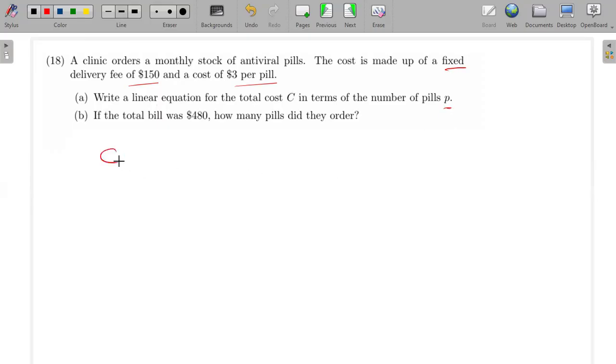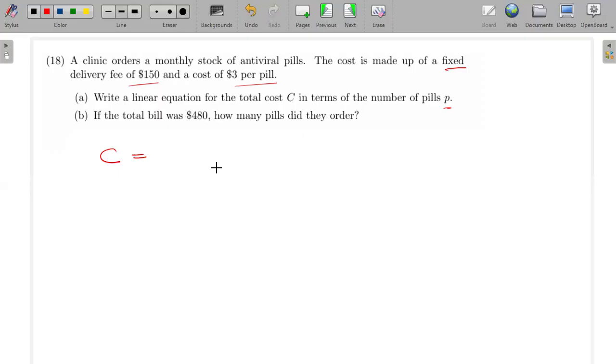So we write a linear equation, total cost. C is going to be equal to, so what is changing here? It says per pill, so the number of pills is changing. If I want 2 pills, that would be 2 multiplied by 3, which gives me 6. If I want 10 pills, 10 multiplied by 3 gives me 30.